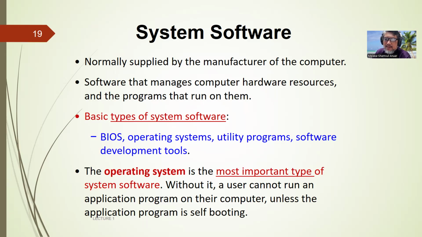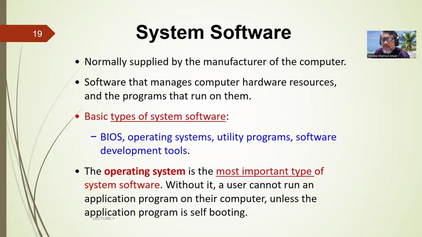All these instructions are already preloaded inside the computer. A basic type of system software is the BIOS. Maybe you have heard of that. When you turn on the computer, you sometimes see the system BIOS. Others include the operating system, utility programs, software development tools, and so on.